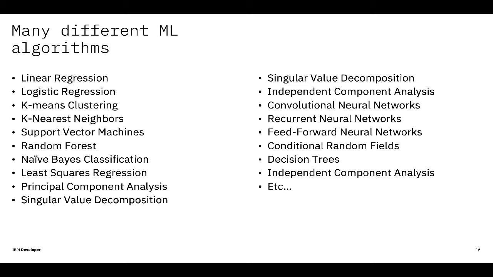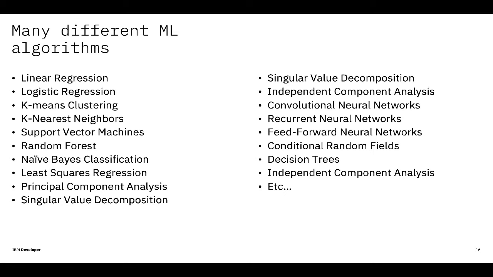Essentially, there's a lot. So we will go over a couple common ones, but because there's so many, it's honestly impossible to understand all of them, but you can have an understanding of some of the most common ones. And a lot of these algorithms you can actually implement in Watson Studio, which we will demo later.